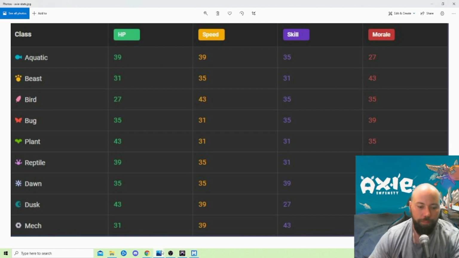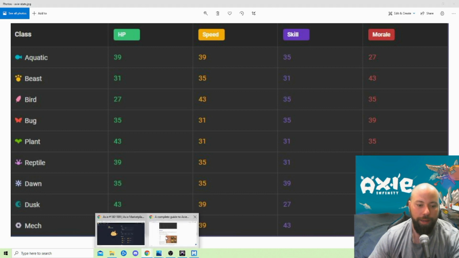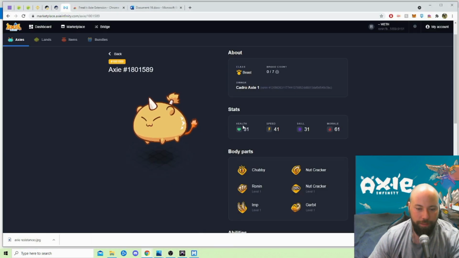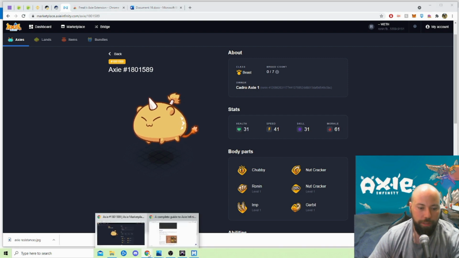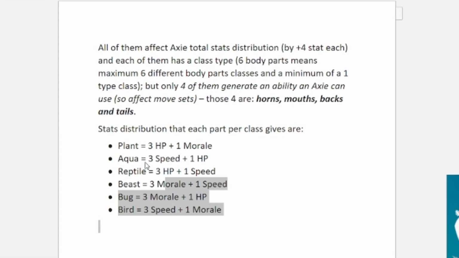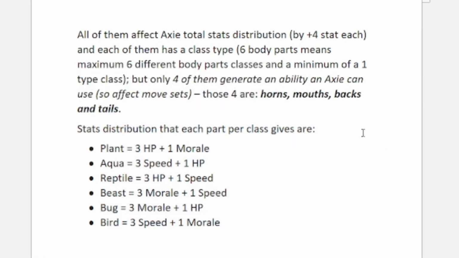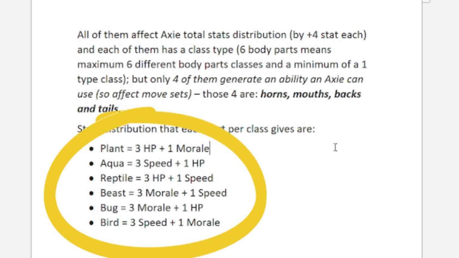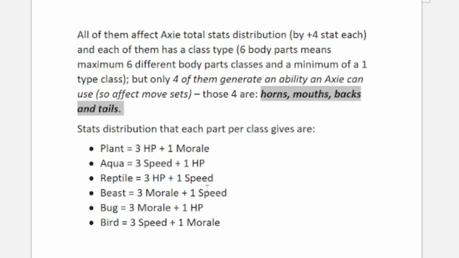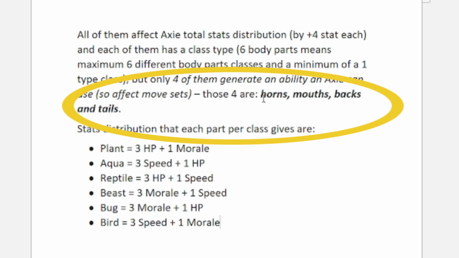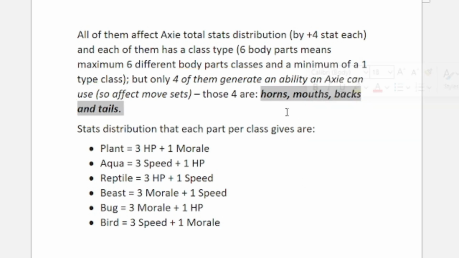And then through that, you then add a specific, I'll just show you actually. Essentially you get another lot of distribution of stats based on what body parts the Axie has. So because there's 6 body parts, only the horn, mouth, back, and tail get the ability to have abilities, right, which is our cards.